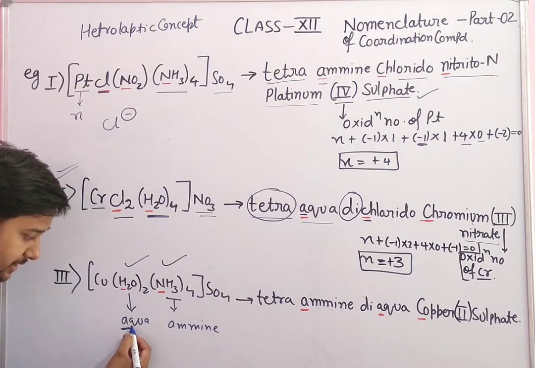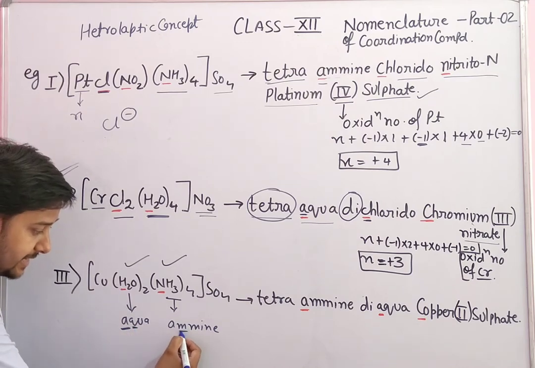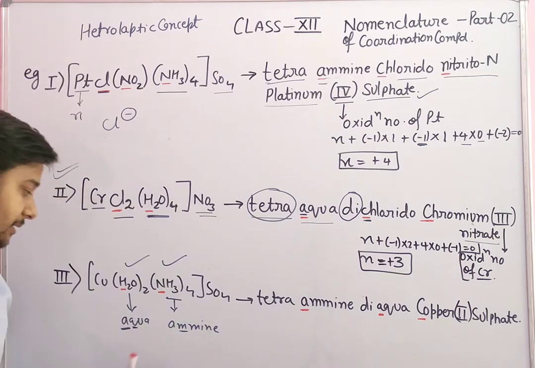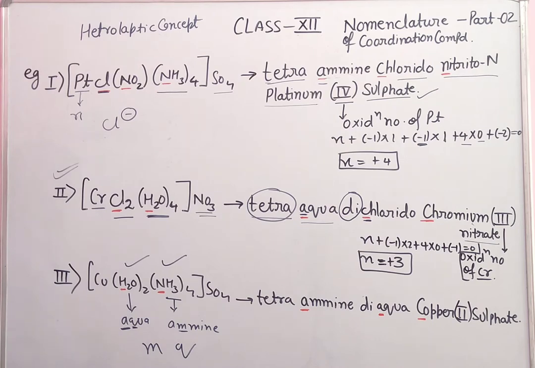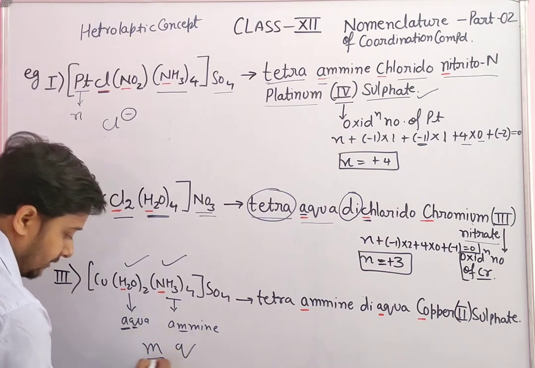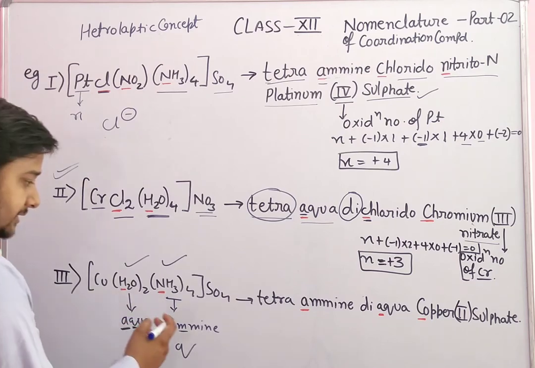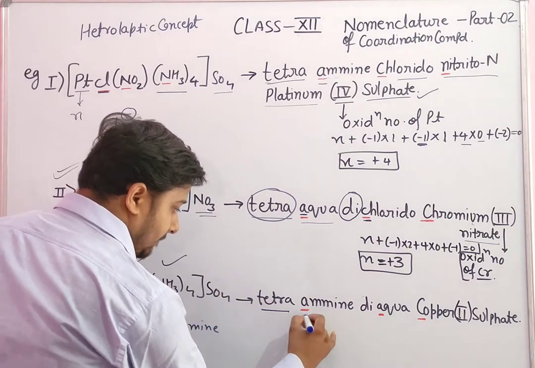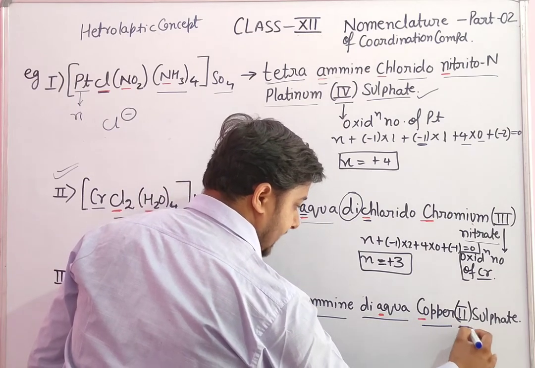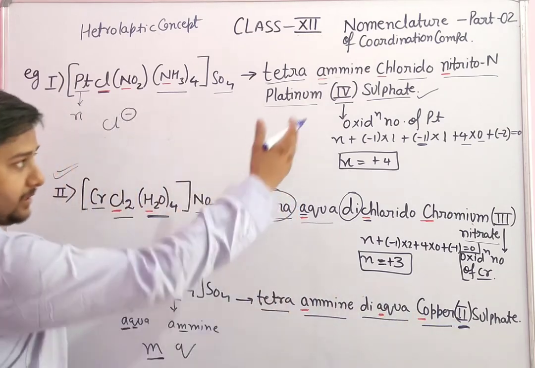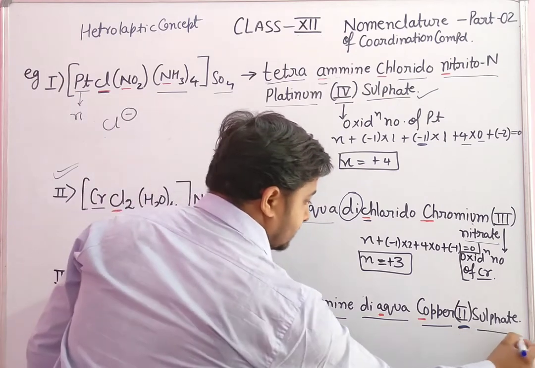After A this is Q, and after A this is M. Which will come first, M or Q? M will come before, so that's why we use tetraamine diaqua copper. Then the oxidation number of the copper, similarly we get this one, and sulfate.